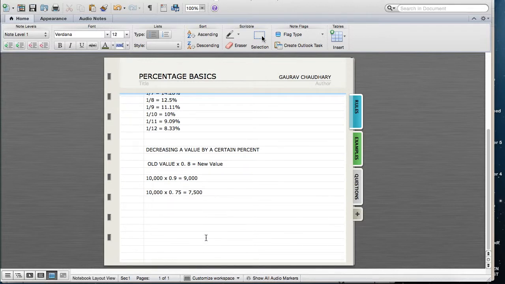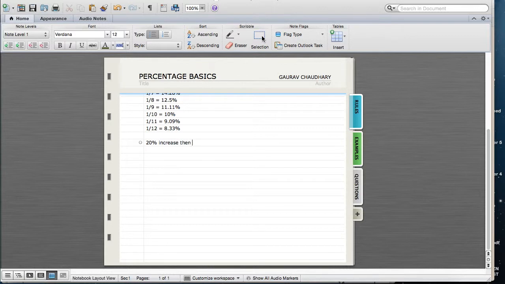Now let's combine percent increase and percent decrease. Suppose a value was first increased by 20% and then decreased by 10%. And we need to find the net percent increase or decrease. We'll assume our value to be 100. If we increase it by 20%, we'll multiply it by 1.2.